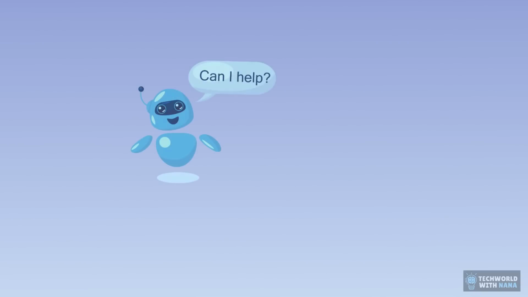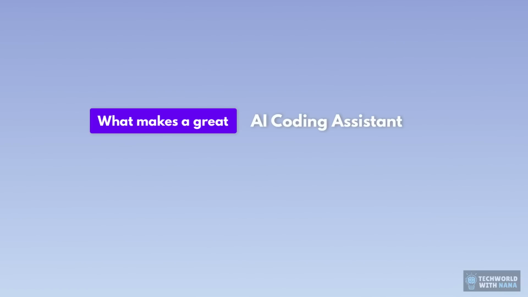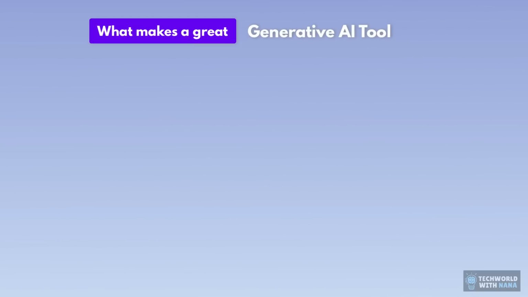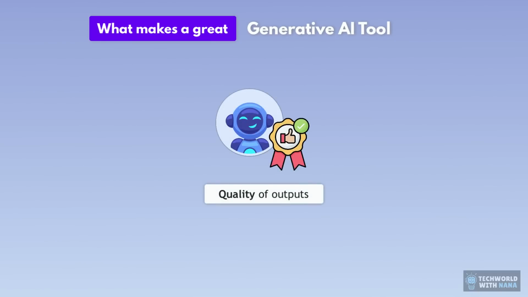Now, there are two most important questions related to the value of AI code assistants or generative AI tools like Amazon Q. The first one is the quality of the output or the responses that it generates.